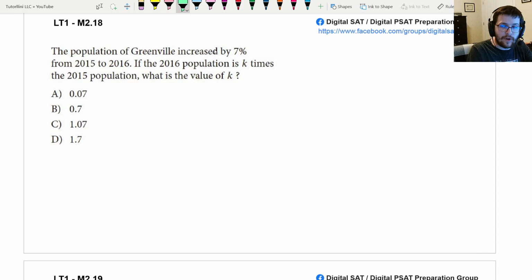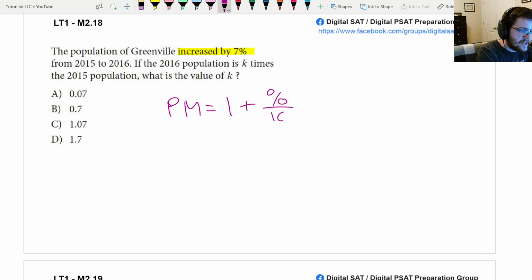Please check it out, I go over this in great detail. I'm not going to mention much here, but it says 7% increase. So for an increase, we do 1 plus the percent divided by 100. For a decrease, you do 1 minus the percent divided by 100. So we're going to do percent multiplier equals 1 plus 7 over 100.